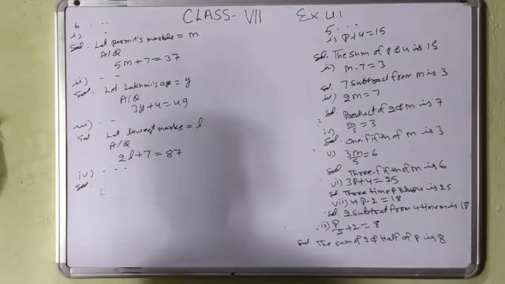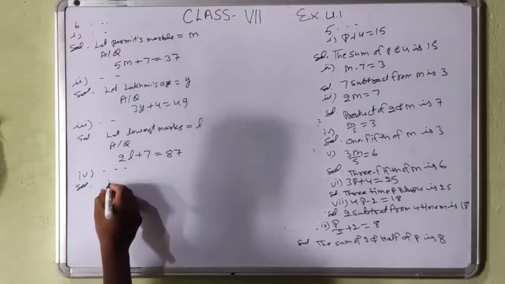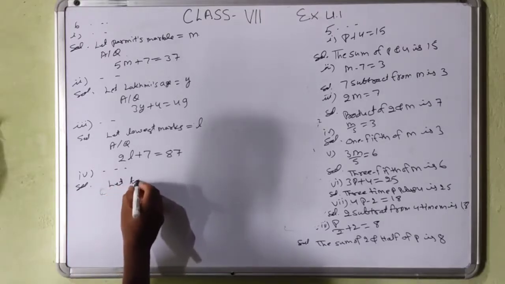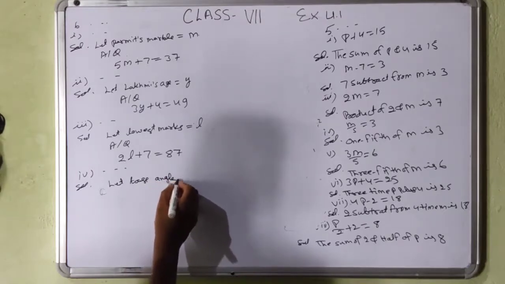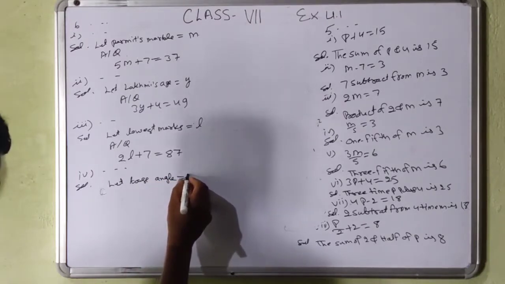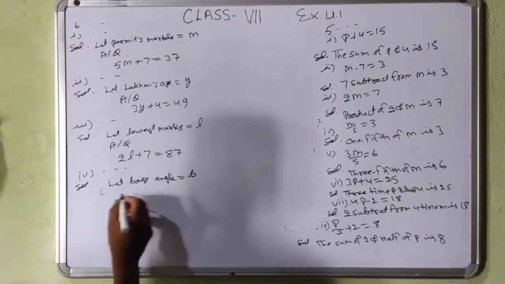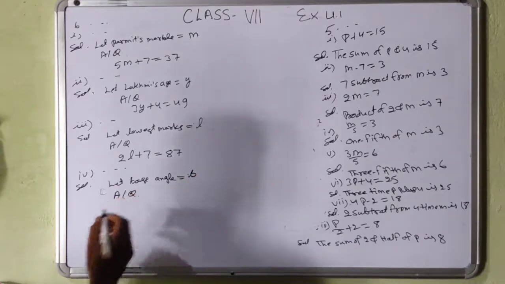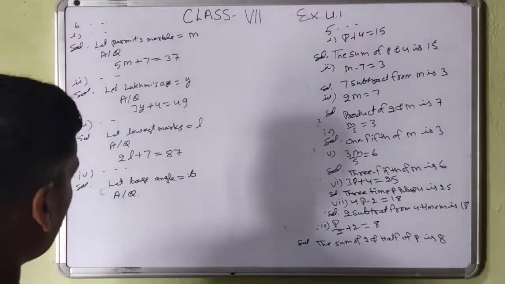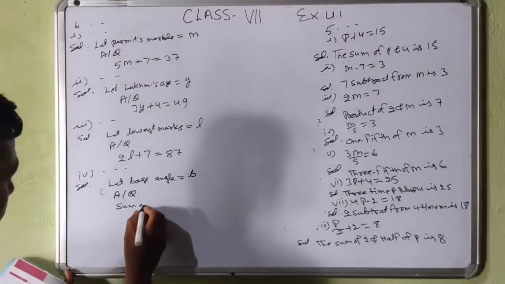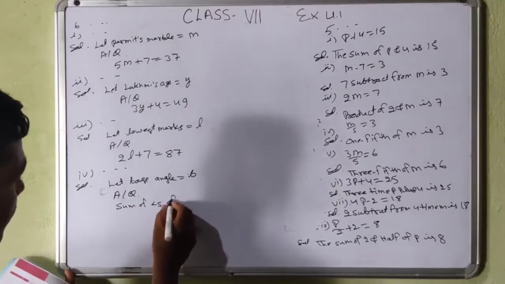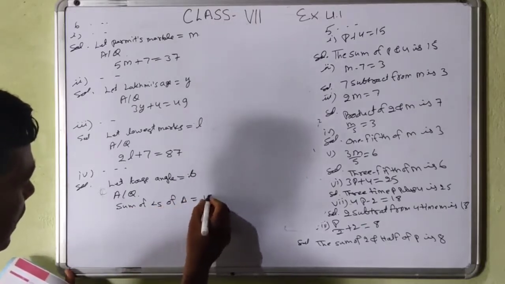So let the base angle be B. According to the question, the sum of angles of a triangle is equal to 180 degrees.